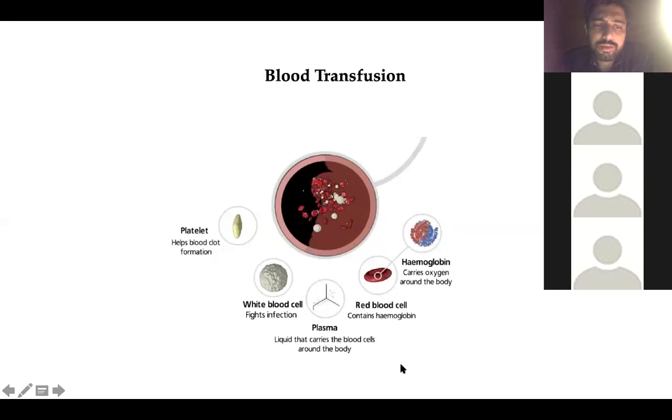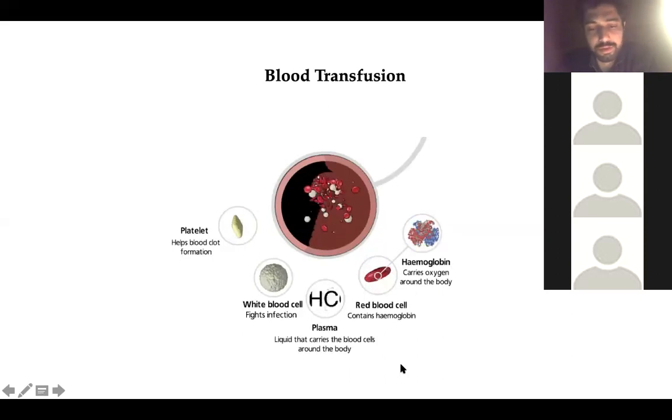For example, platelets. You are all familiar with platelets. As a nation, we've gone through this, especially in dengue, where you've seen how platelets begin to fall, and then there's an emergency of getting platelets up and ready for the patient. So there are different components in blood that can be transfused separately, and the blood itself as a whole as well. Those different components are red blood cells, white blood cells, plasma, and platelets.